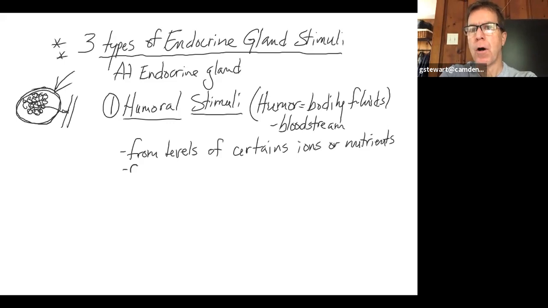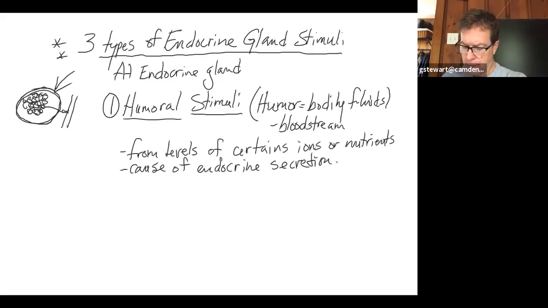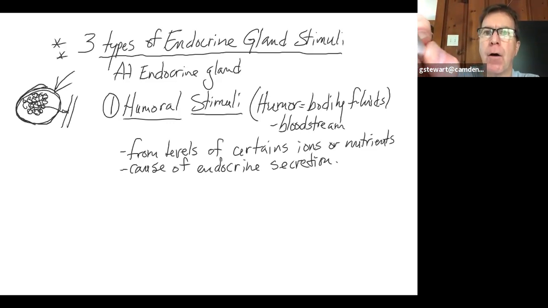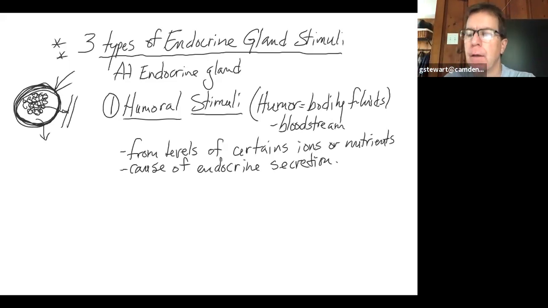This is the cause of endocrine secretion. This is very simple to understand. All we're saying is this. Certain levels of ions or nutrition, whatever, certain levels of certain things in the bloodstream dictate whether or not a hormone, an endocrine gland is going to secrete a hormone, okay?